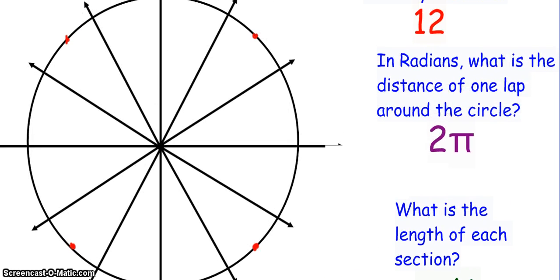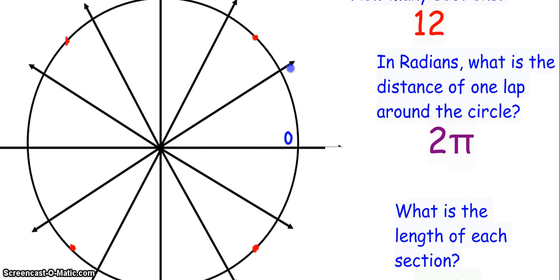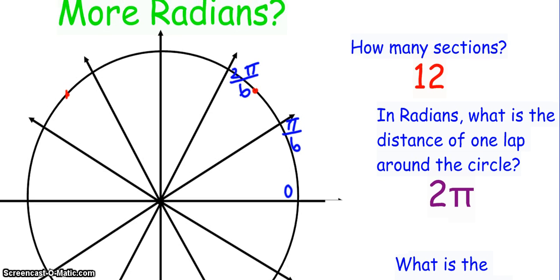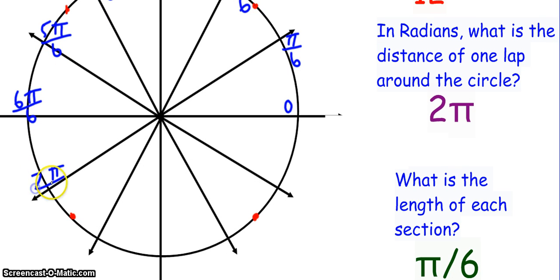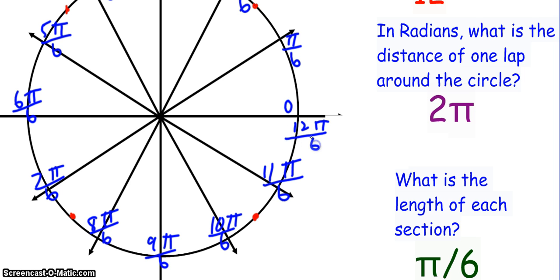We can do the same thing we did before, and we can count. So 0, pi over 6, 2 pi over 6, 3 pi over 6, 4 pi over 6, 5 pi over 6, 6 pi over 6, 7 pi over 6, 8 pi over 6, 9 pi over 6, 10 pi over 6, 11 pi over 6, and 12 pi over 6.